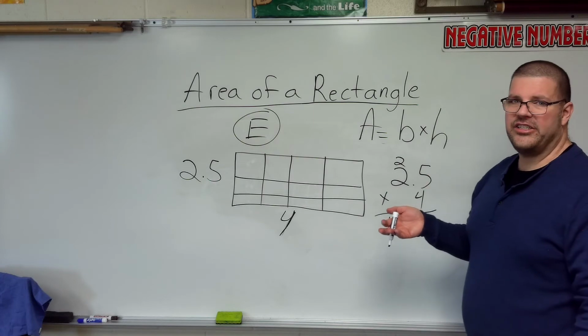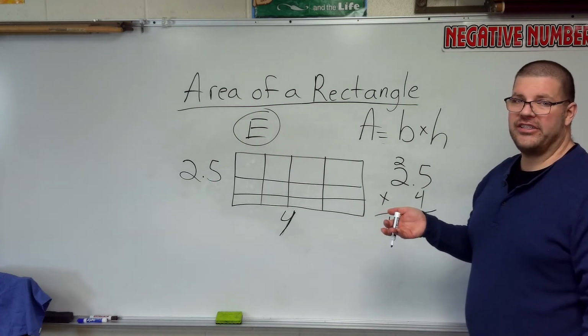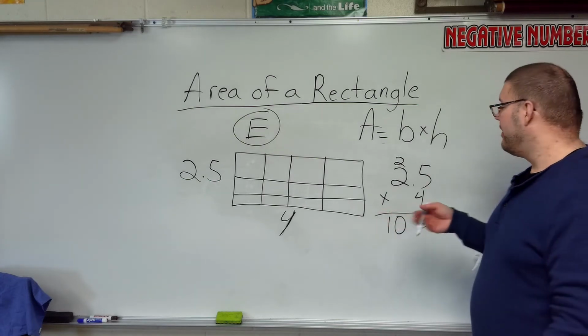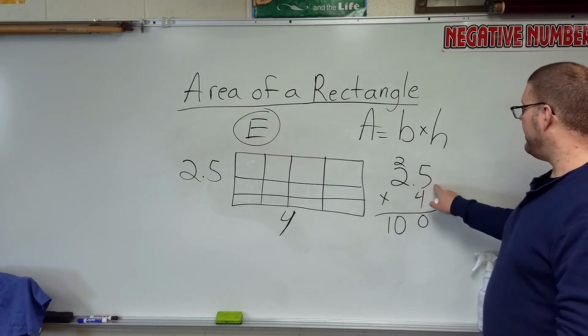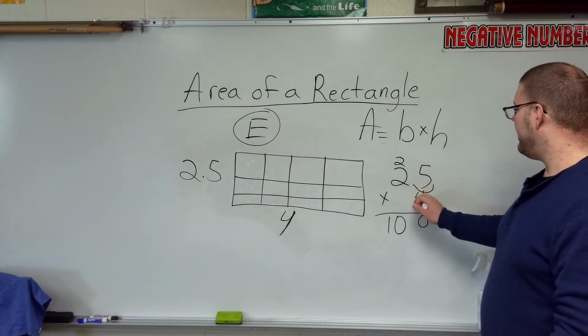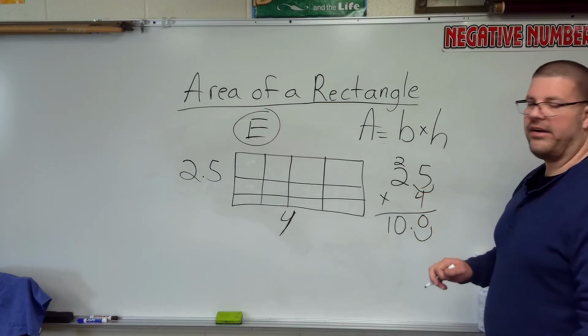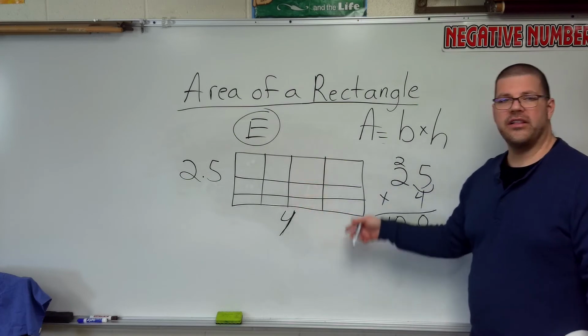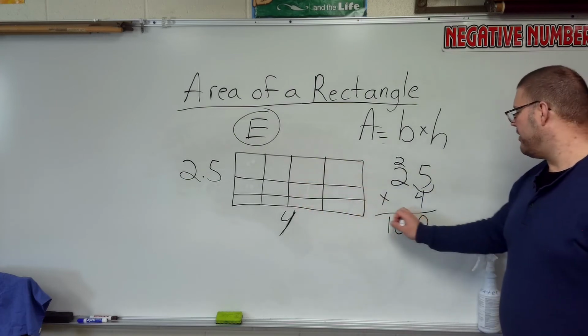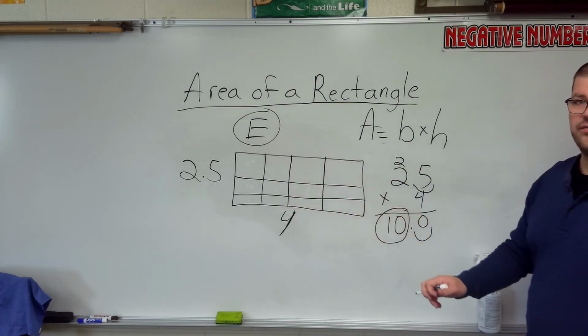We haven't really taught it to you, and I wish we would have gotten to it this year, but we're not going to. You got to count how many moves you're going to get to the decimal point. You went 1 hop in to get to the decimal point, so you got to go 1 hop in and put your decimal point there. So really, this is 10 units. Right? 10 units. Square units.